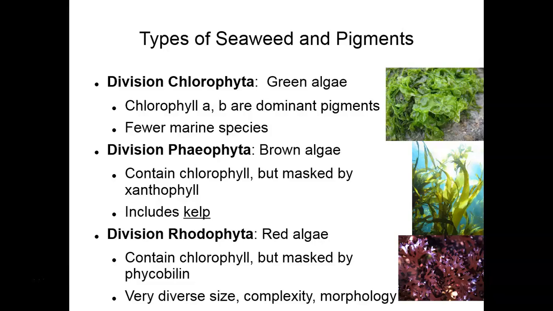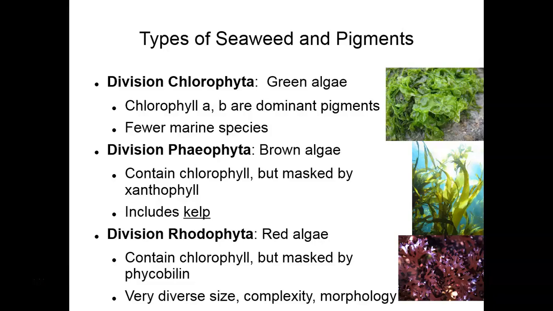Phaeophyta have a pigment called xanthophyll, or fucoxanthin is another one, that appears golden brown and masks that bright green color. So instead, these seaweeds appear golden brown, and kelp is included in the Phaeophyta, or brown algae. So kelp forests are structured by a brown alga.